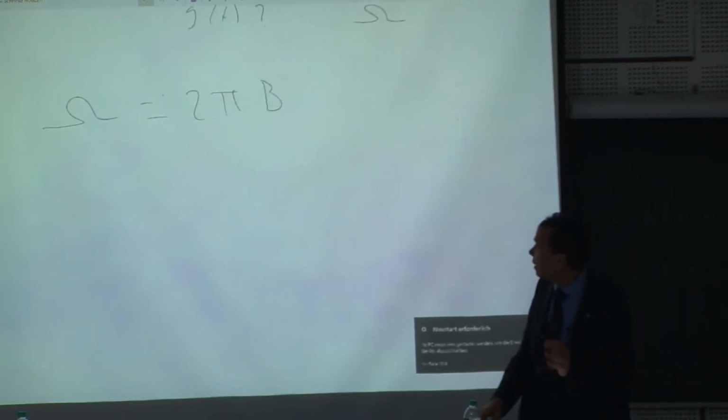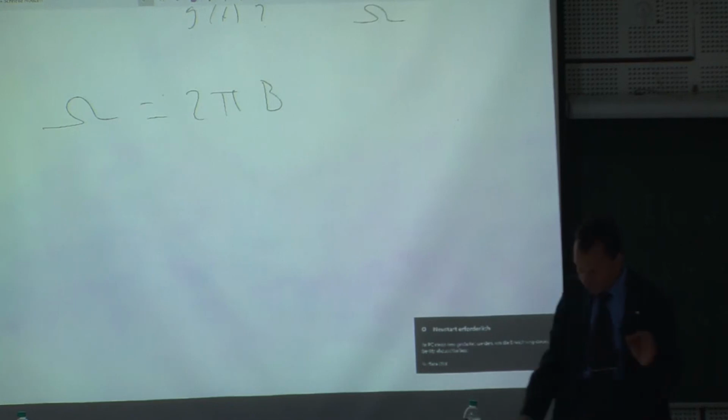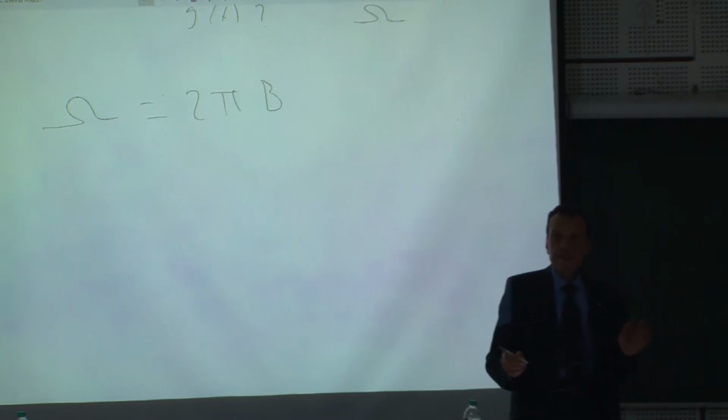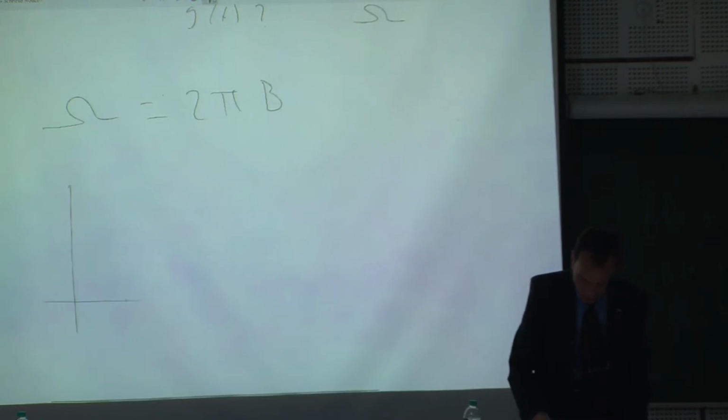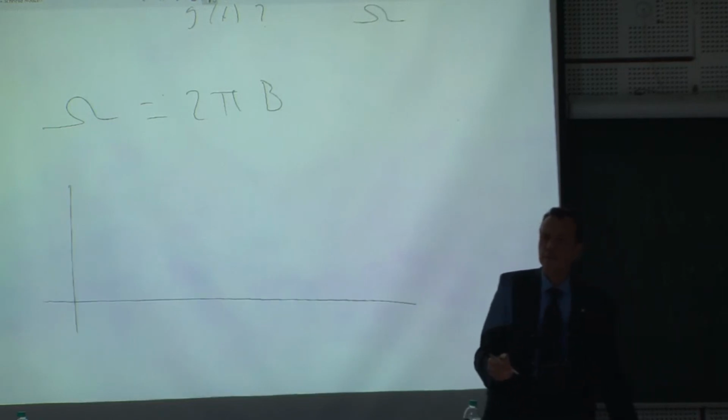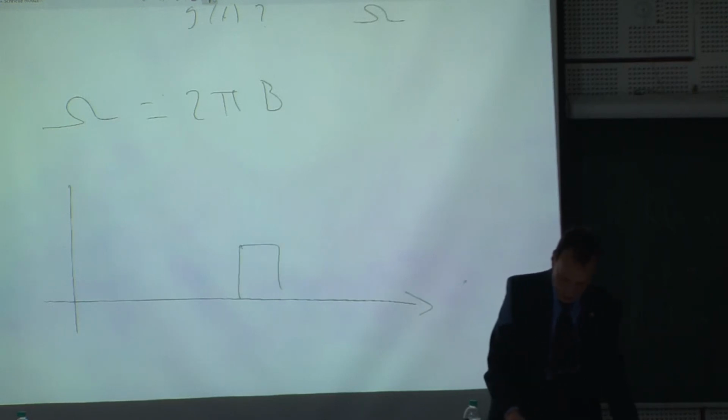Okay, let me now deal with the last impact or effect of this convolution. Imagine that our point spread function, for simplicity, is a rectangular function. So I have something like that. So this is T dash.